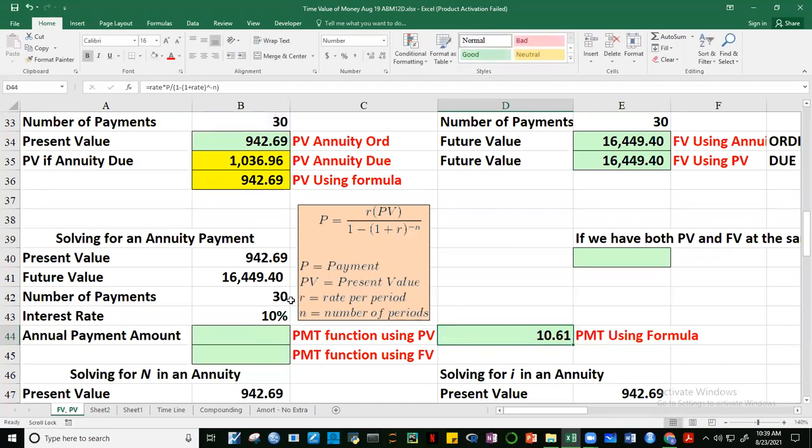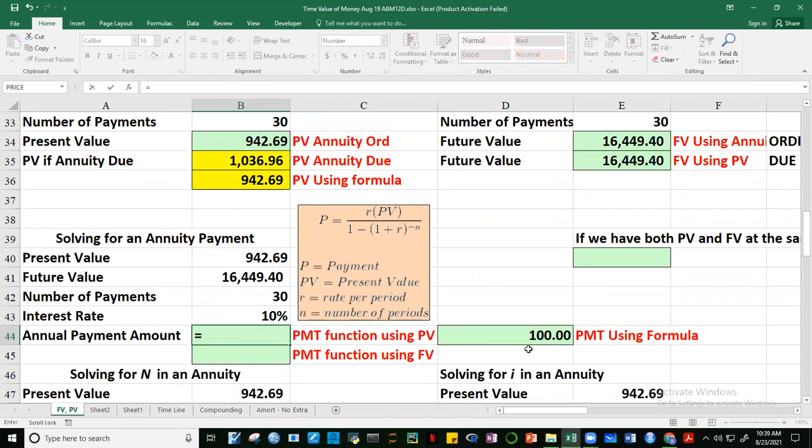Ano ba yung present value? Ay, hindi. PV pala, sorry. Ang PV natin, guys, is present value. So this is wrong. It should be PV. Okay, mali akong ginamit. Yan, PV. And this should be 100. There, 100. Okay?